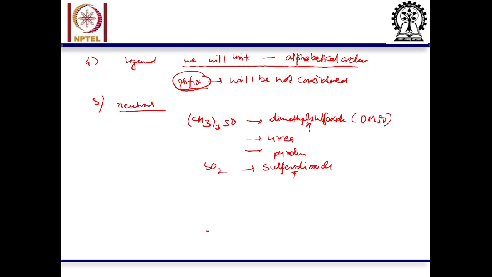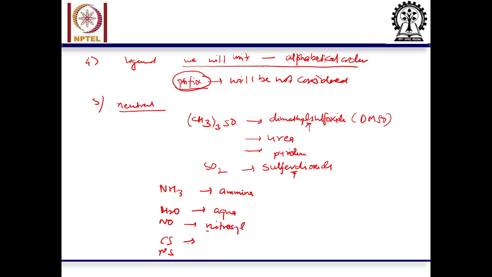But there are some ligands which have been given special names. Suppose we have NH3, H2O, NO, CS, NS. For NH3 we will write ammine. For water it is aqua. For NO it is nitrosyl.